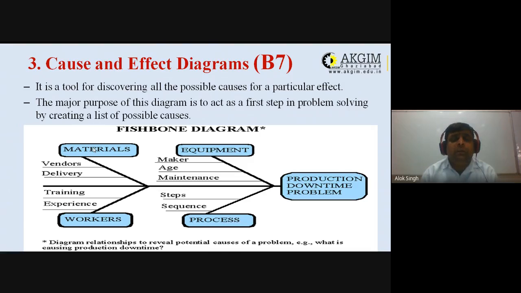You may first create this diagram, and after that use the brainstorming technique to identify the vital few causes that are responsible for most of the problems. This is the basic 7 third tool, the cause and effect diagram.